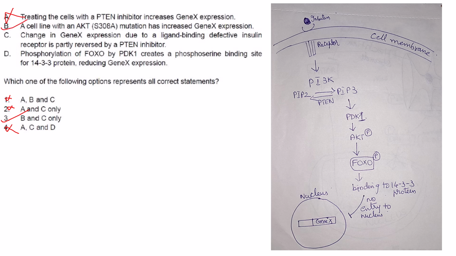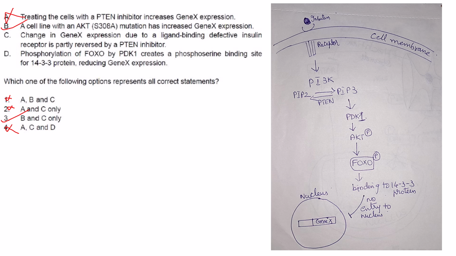Then, change in gene X expression due to the ligand binding defective insulin receptor is partly reversed by a PTEN inhibitor. Okay, that's also correct. What they are telling is change in gene X expression, how? Due to ligand binding defective insulin receptor.